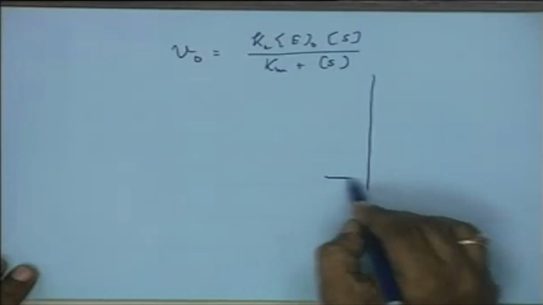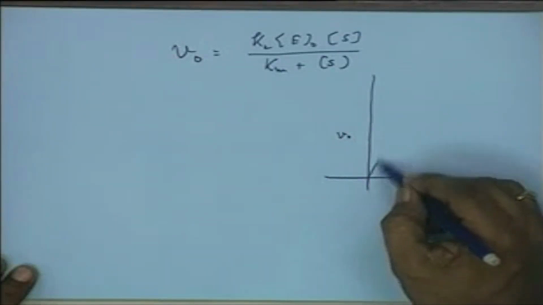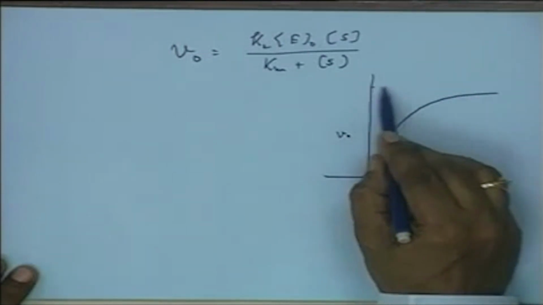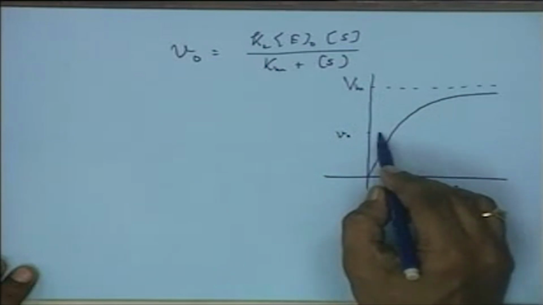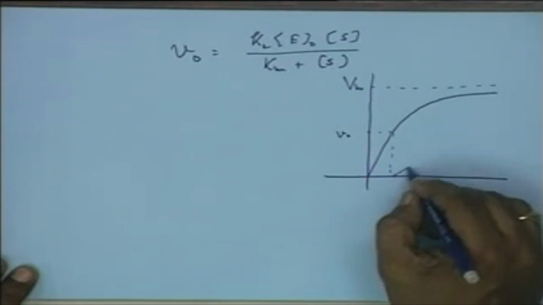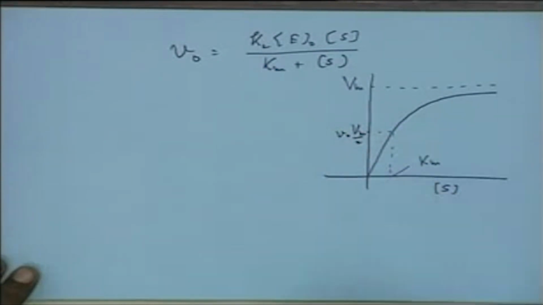If you go back to its graphical representation, a saturation kinetics is represented by a rectangular hyperbola. This is Km at Vm by 2. Now, unlike most chemical reactions, this represents a case where the order of a reaction changes with substrate concentration.